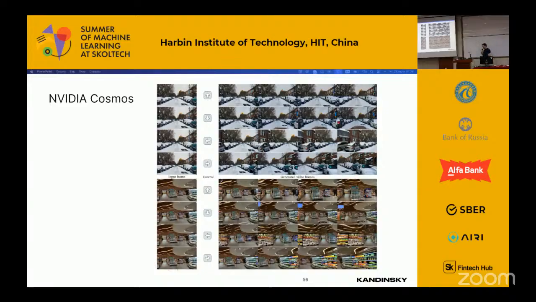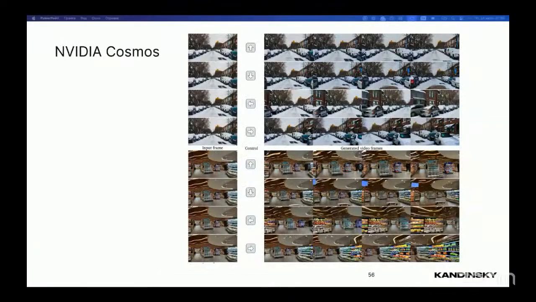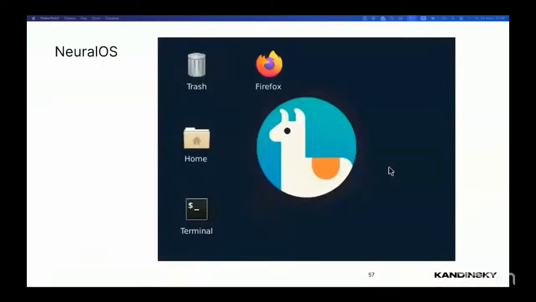So they train an autoregressive model like GPT to generate the video and compare it to diffusion. That's a really nice comparison, and diffusion was winning actually. Moreover, they build video generation models for physical AI systems, for robotics, for self-driving cars, and so on. That's really nice to read.